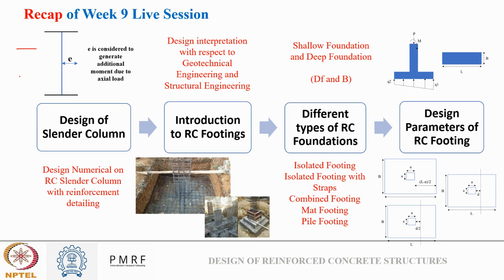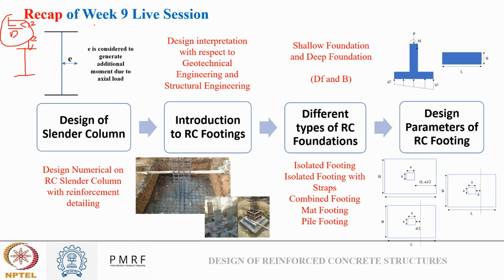apart from external eccentricity, we have short columns like this, where the ratio of length to the lateral dimension is less than 12. Such columns are known as short columns. In this, there is only external eccentricity which can generate the moment.